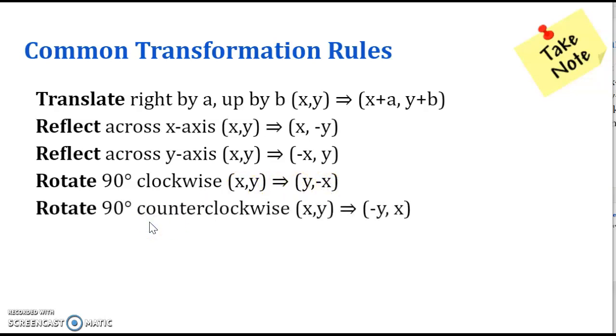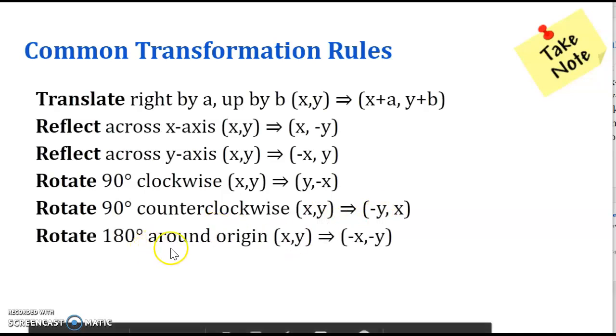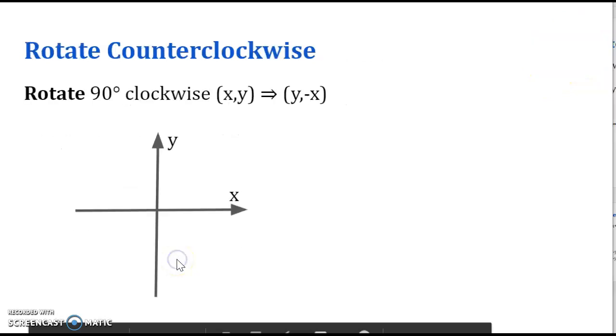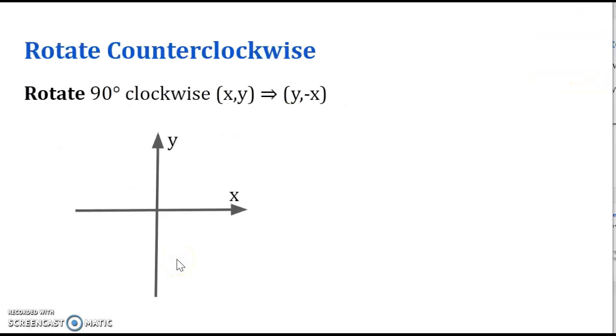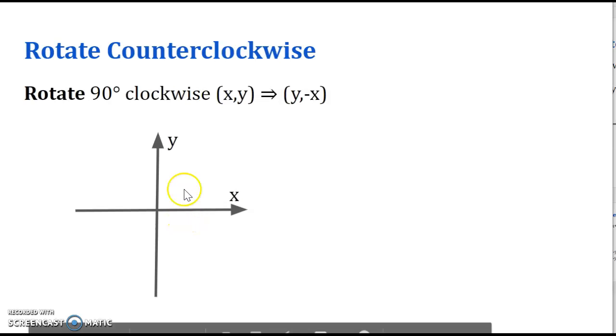And rotating 90 degrees clockwise, x and y again will swap, but the y will become negative version of it. And then rotating 180 degrees, x and y will swap, and both x and y will become negative versions of it.